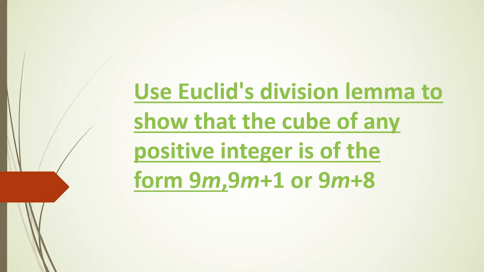Next question. Use Euclid's division lemma to show that the cube of any positive integer is of the form 9m, 9m plus 1 or 9m plus 8. The same method will be applicable which we saw in the previous slides. The same method, but here we are going to use the identity of cube.